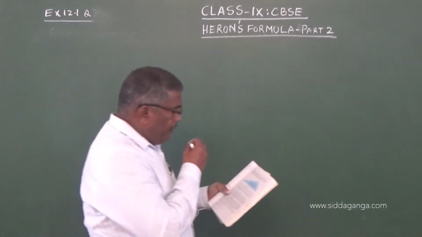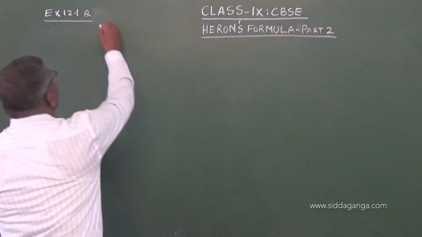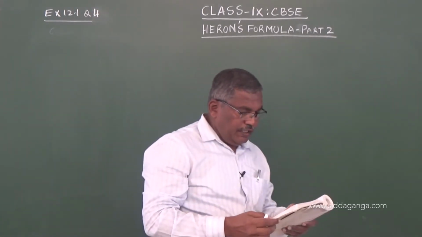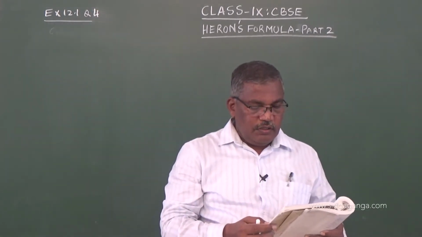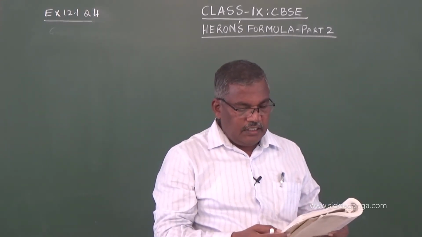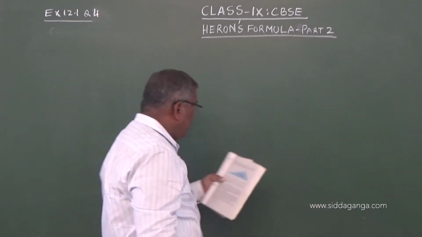Now, question number 4 in 12.1. Find the area of triangle whose two sides are 18 centimeter and 10 centimeter and perimeter is 42 centimeter.